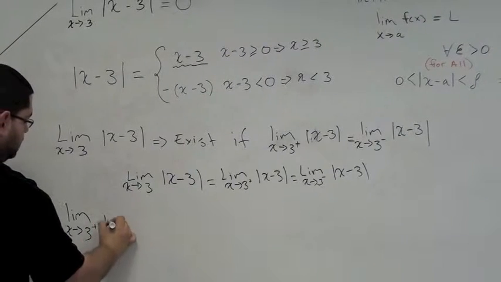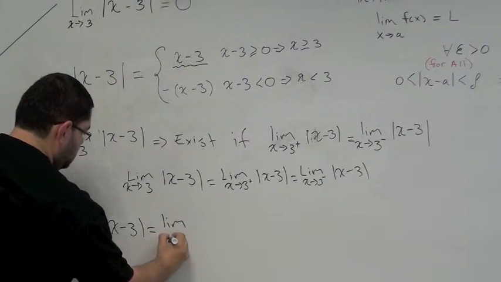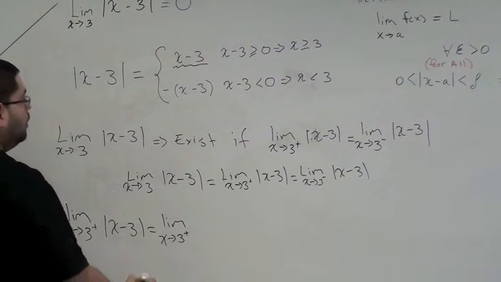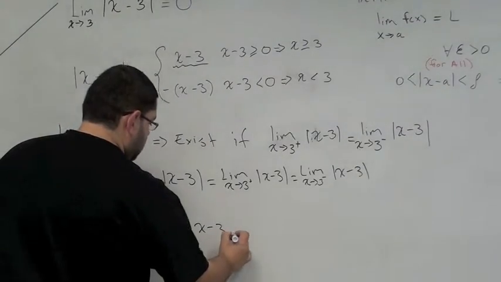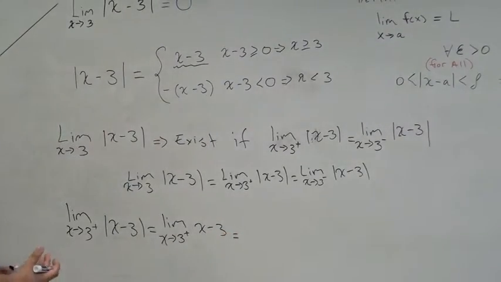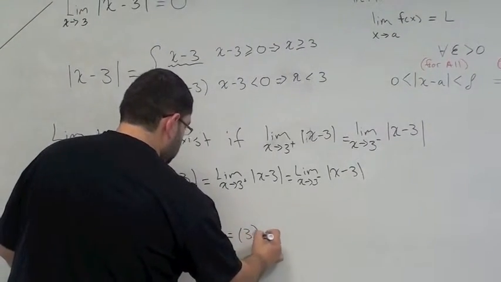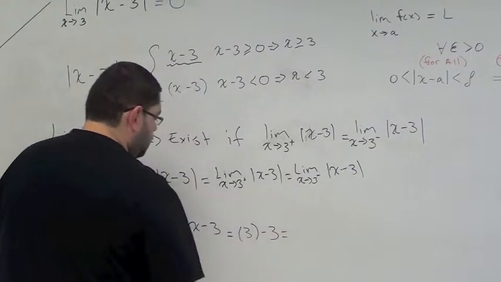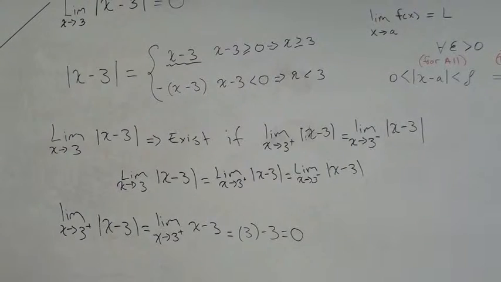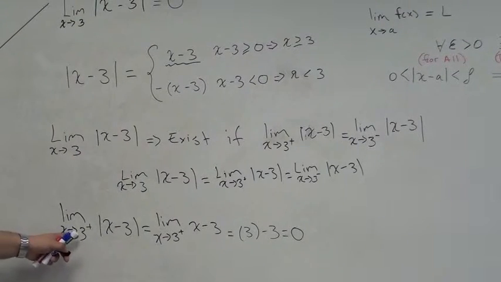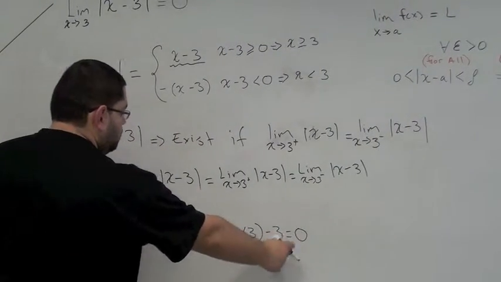So I can say that this is equal to the limit when x approaches 3 from the right of x minus 3. And now, just by evaluating this limit, I can just plug in the 3 in there, and I know this is approaching 0. So now I know that my limit when x goes to 3 from the right side of the absolute value is equal to 0.